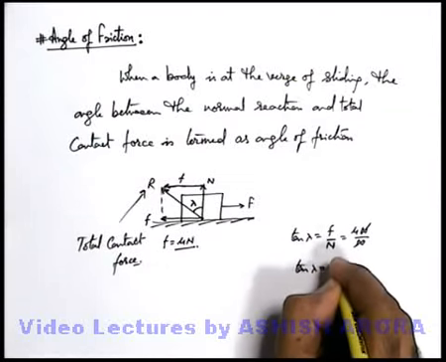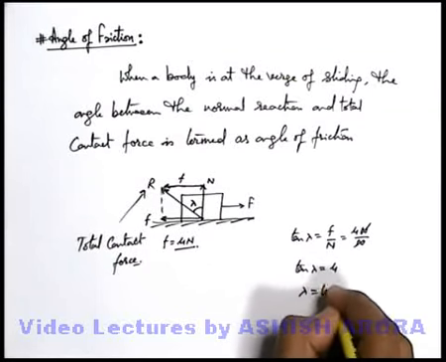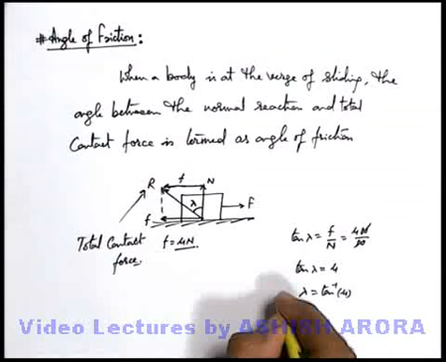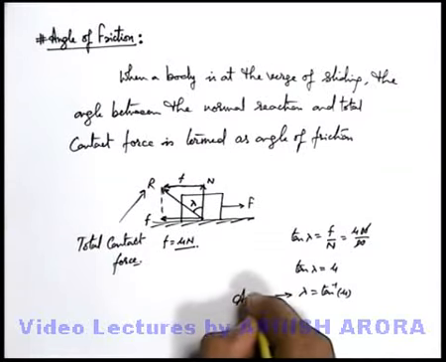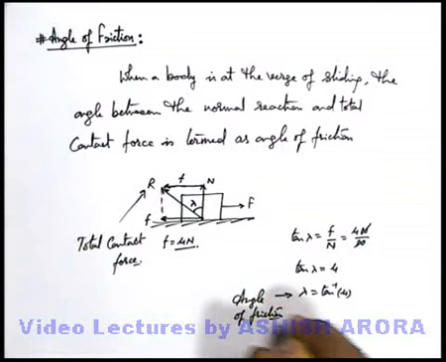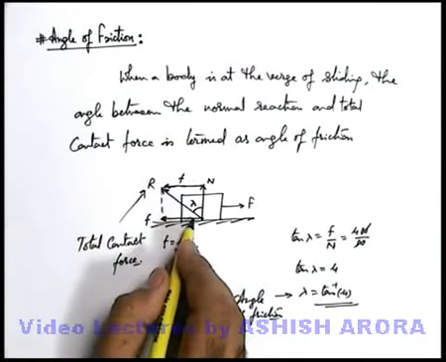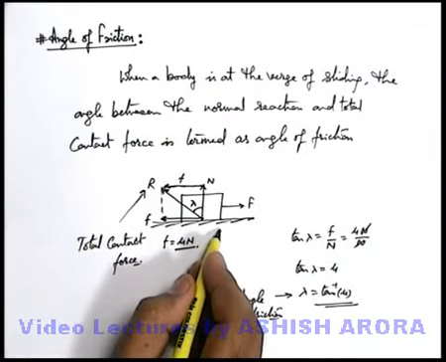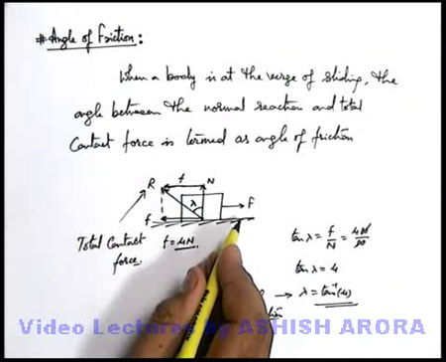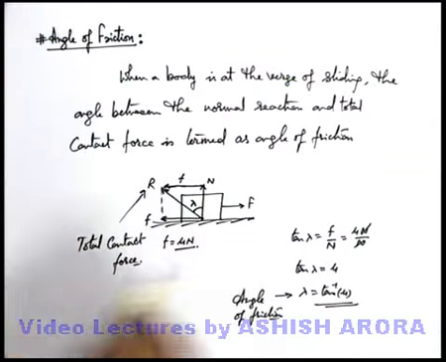Tan lambda can be written as mu, or lambda is tan inverse of mu. This lambda we term angle of friction. So always keep in mind, angle of friction can be written as tan inverse of the coefficient of friction between the body and the contact surface between which sliding is just going to start.